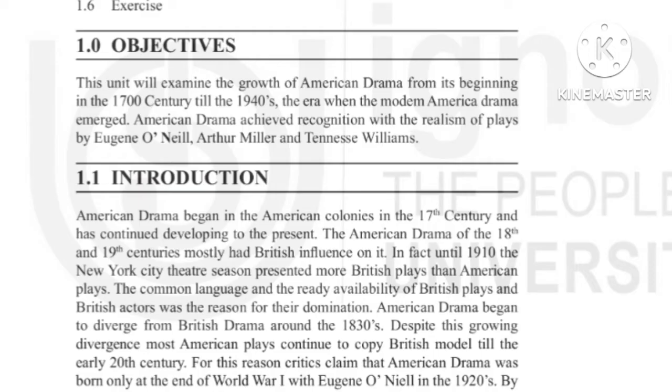So we are going to discuss the evolution, emergence and growth of American drama, especially the time frame from 1700 to 1940. During this time the modern American drama emerged and developed. The special credit goes to the dramatists Eugene O'Neill, Arthur Miller and Tennessee Williams.